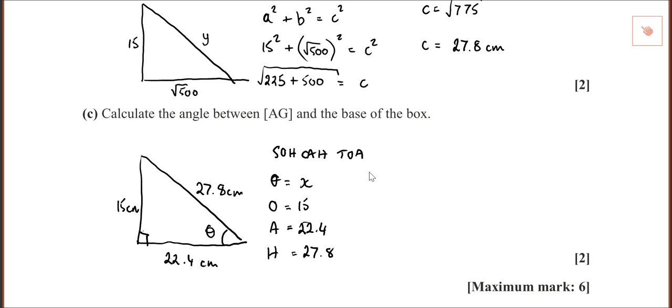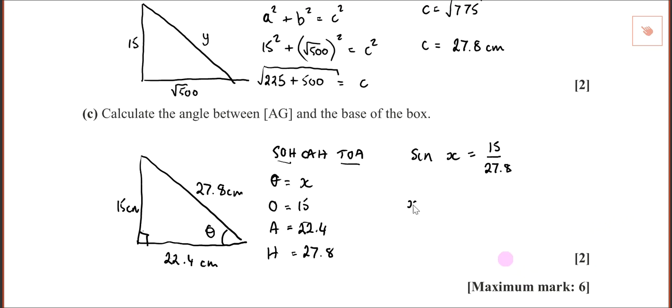What I would suggest, in case you might have made a mistake, is to limit it by trying to use the one with the number they've given you. So I'm going to use the one with the opposite. So I'm either going to use sine or tan, whichever one works for you. It doesn't matter. So if we did sine of x equals opposite over hypotenuse, so 15 divided by 27.8.